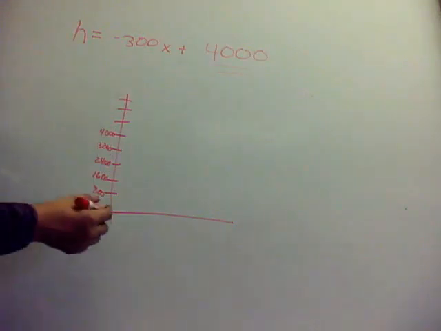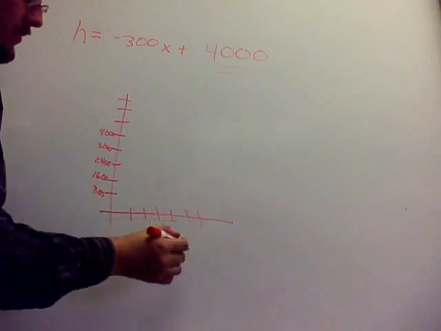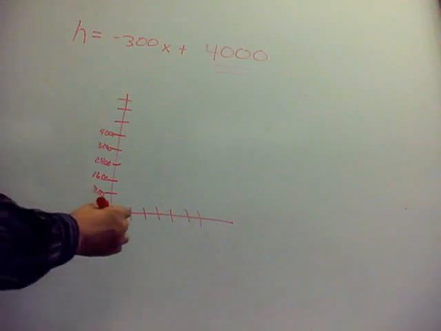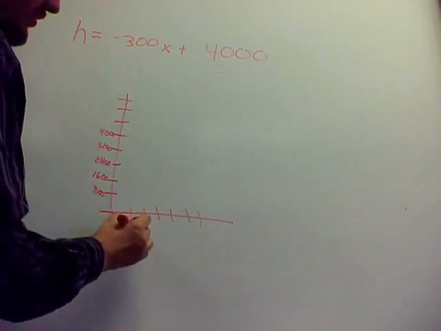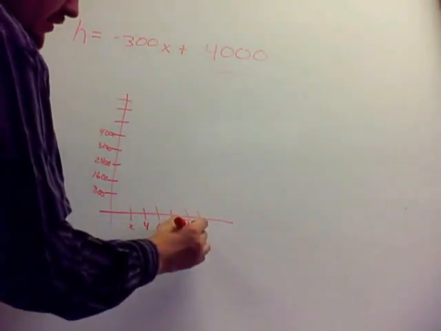And let's make our time, since it was 300 feet per minute, each notch every 2 minutes: 2, 4, 6, 8, 10, 12.